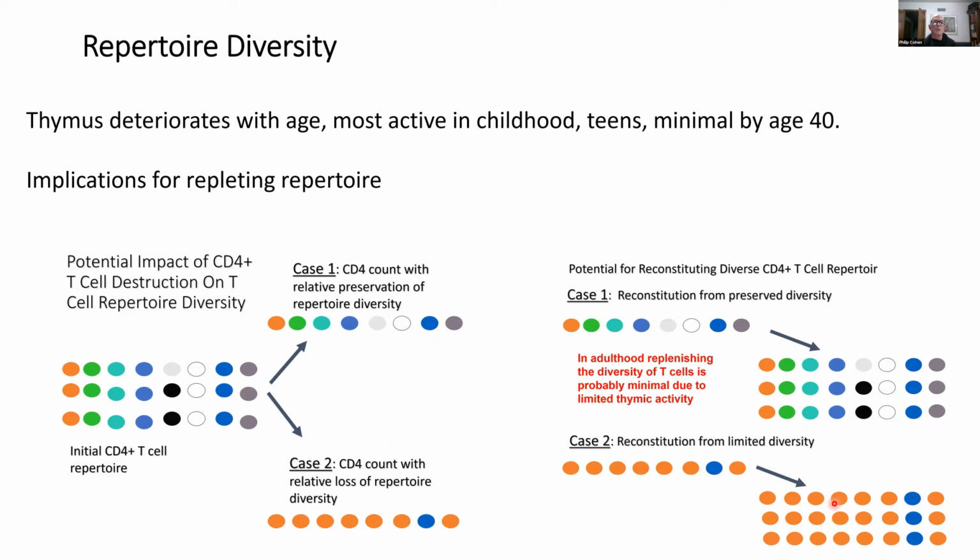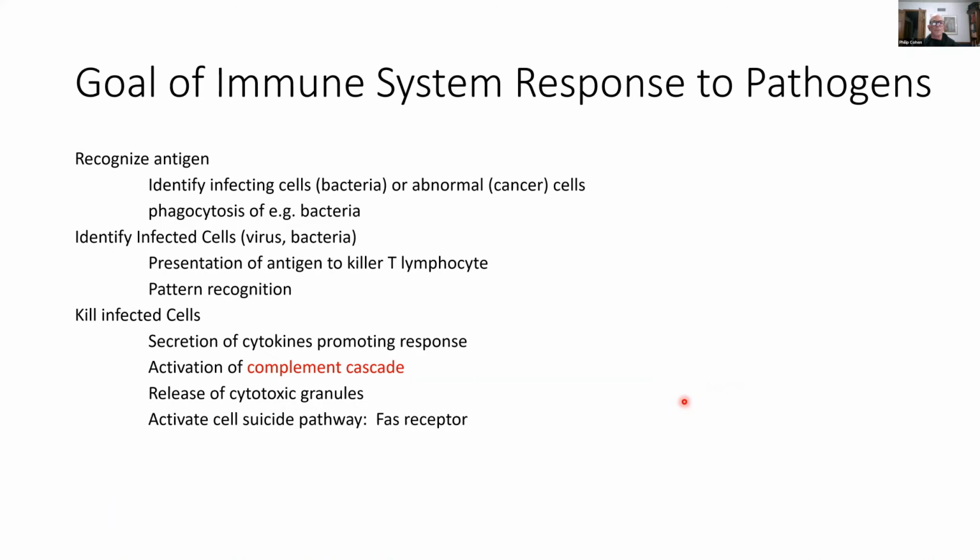So that's one of the reasons our immune system gets worse with age. And in the specific case of HIV, HIV attacks T cells and causes this diminishment of the cell numbers. So you can reconstitute, but you don't get the same result.